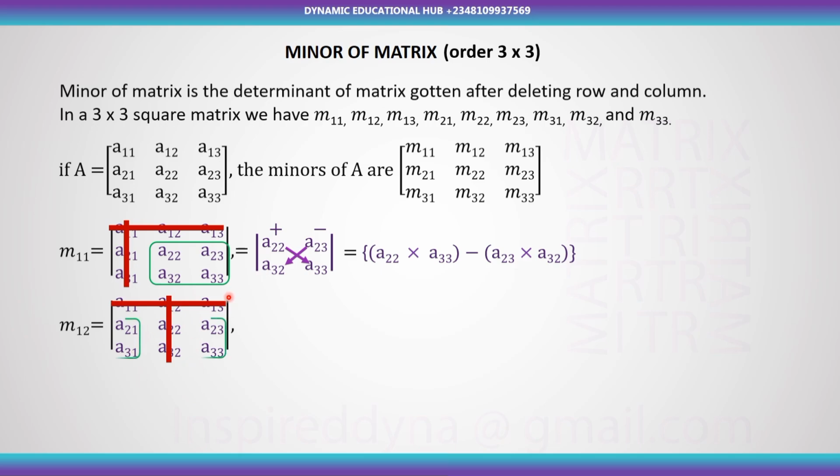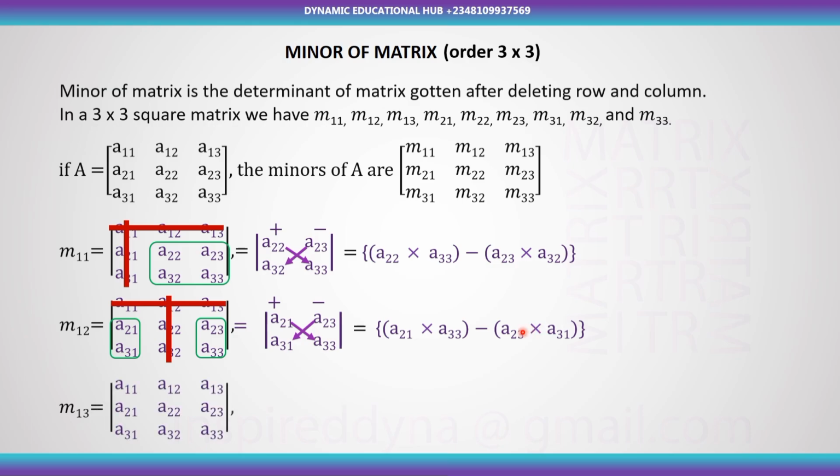You are left with these guys. Then you find the determinant of this, multiply them, you get this. For the third one, first row, third column, find the determinant of what you are left with.